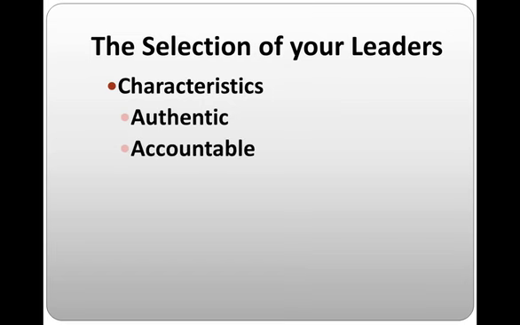Are they accountable, or do they always shift responsibility to somebody else? They'll never take responsibility for something that's gone wrong. All they want is recognition and reward for something that went well. Do they acknowledge your leadership and your place in God's economy? And do they acknowledge God as the Lord of their life?